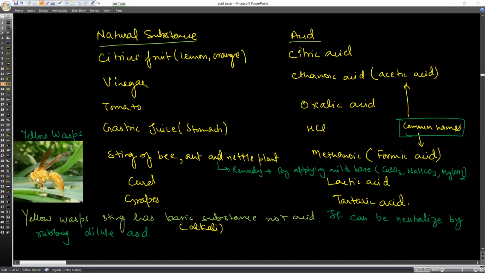Whenever a honeybee bites us, we use a basic substance. But whenever this yellow one bites us, we need to neutralize it by using some mild acid like lemon juice. Is that clear to you all? Yes, sir. Clear. So please note it down.